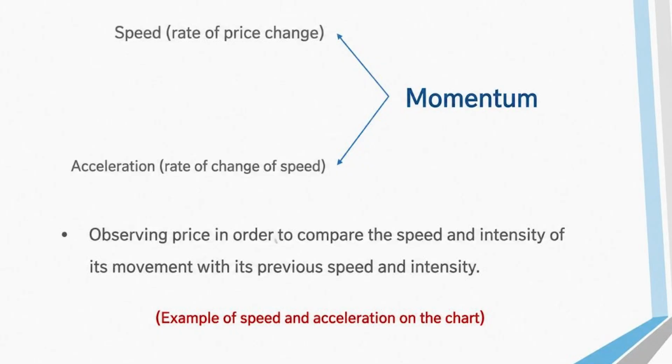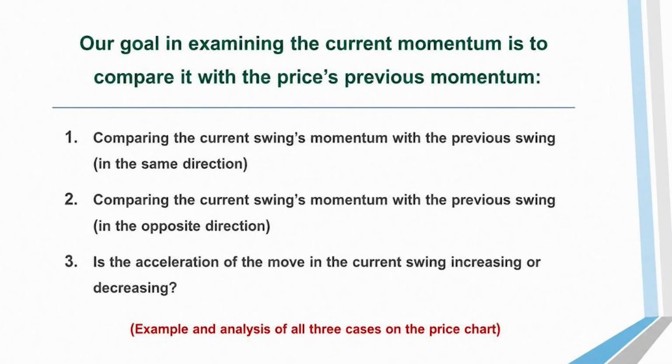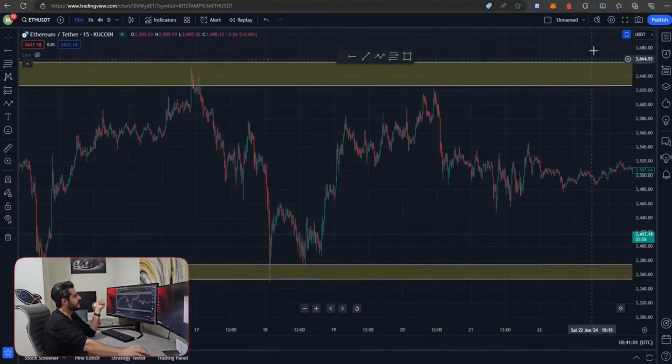I've given you examples of speed and acceleration. I don't want this to confuse you. It's just the points I've already explained. Increase or decrease. These are the three things I need to look at. We need to compare the momentum of the current swing with the previous one, both in the same direction and in the opposite direction. What does this mean? And then there's acceleration, which I've already covered.